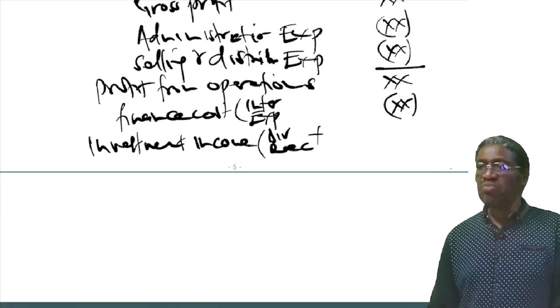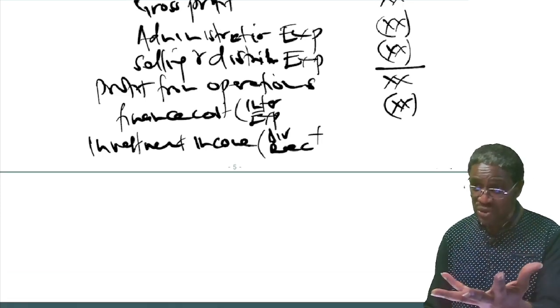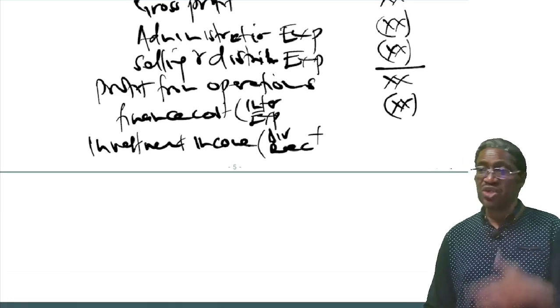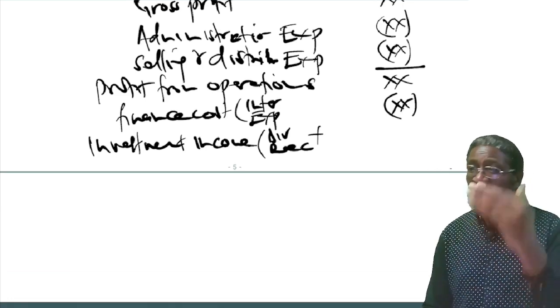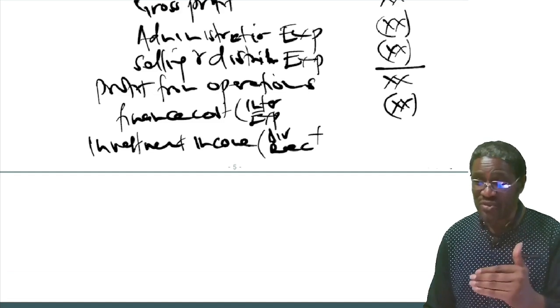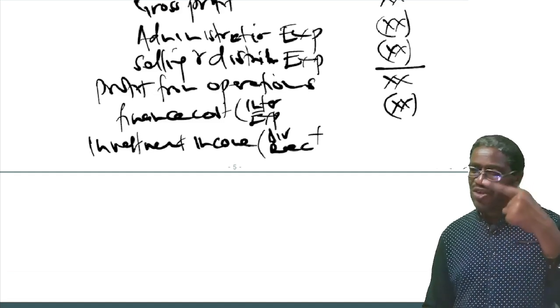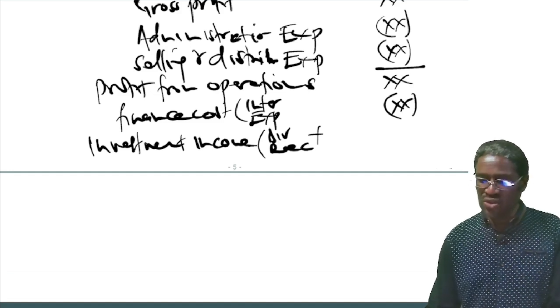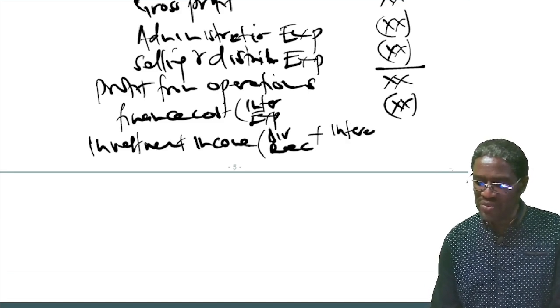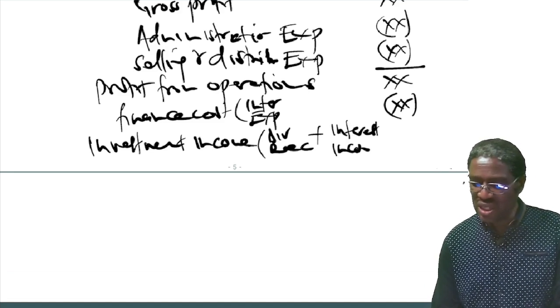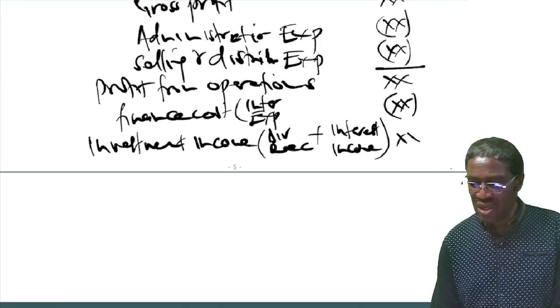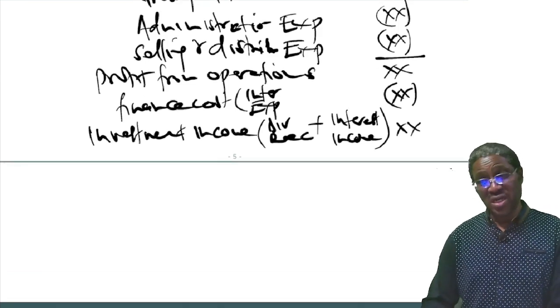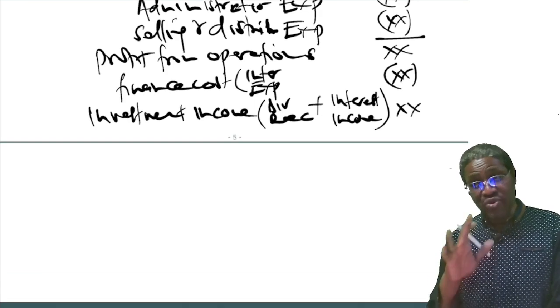Or it could be you have put in some money in a fixed deposit, or maybe you have bought some treasury bonds and they are giving you interest as an income, not paying. So another example of an investment income could be interest income. Whatever it is, you add. That is an income you add.